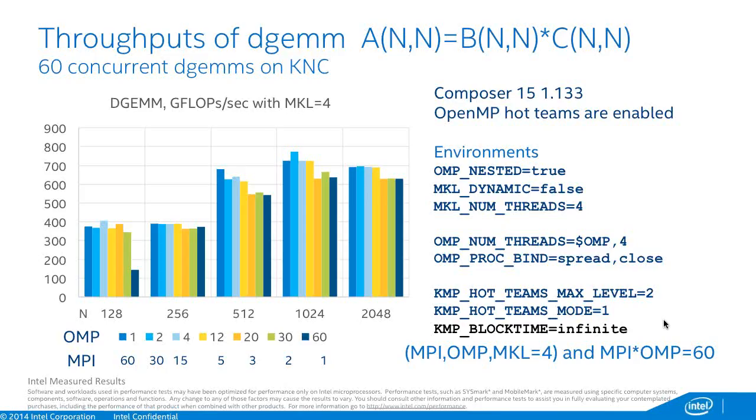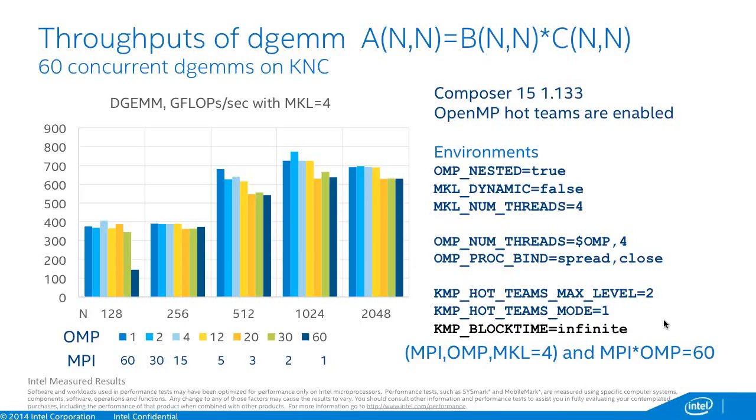On the right, you see the environment I'm using to do this experiment. First of all, we have to make sure of the default: OpenMP nested is false. It means that it will always assume 1 for the lower level OpenMP threads. We want to make sure you can take advantage of nested OpenMP.